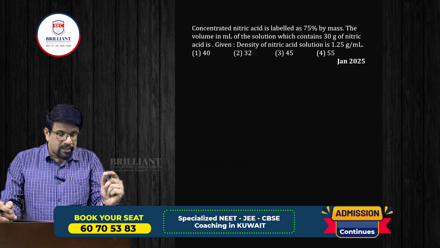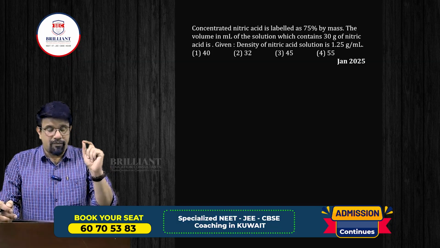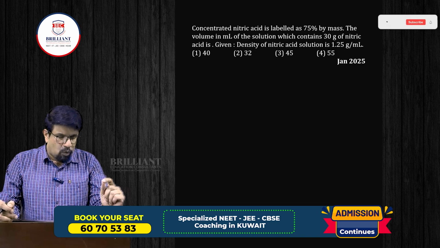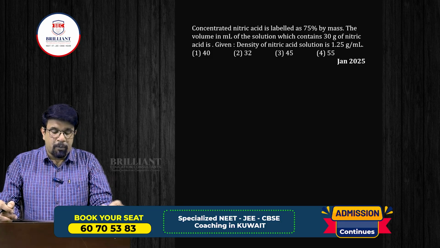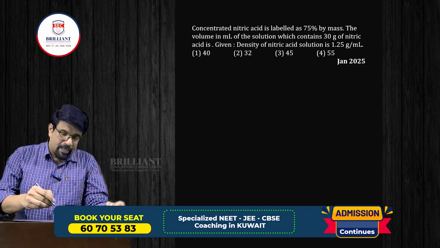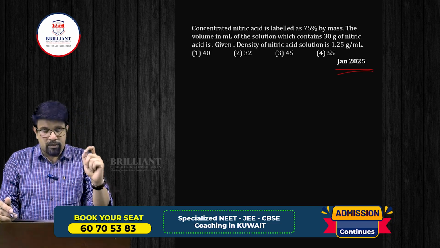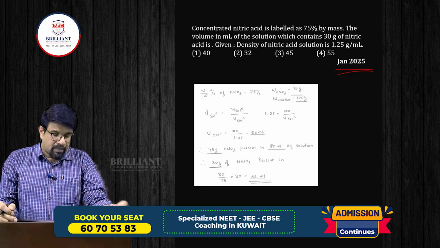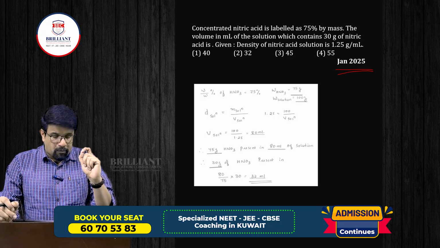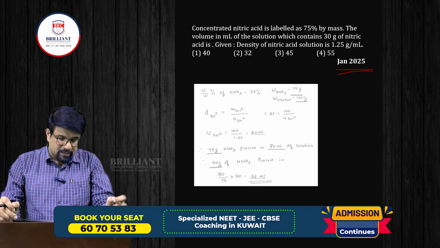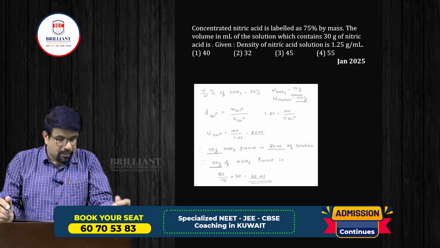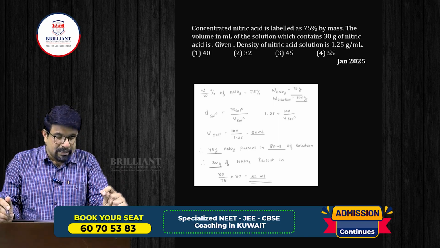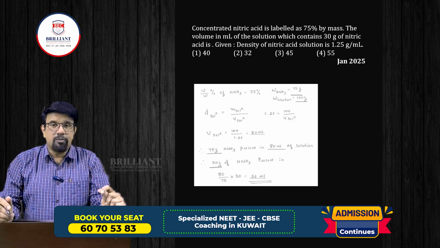This question: concentrated nitric acid is labeled as 75% by mass.